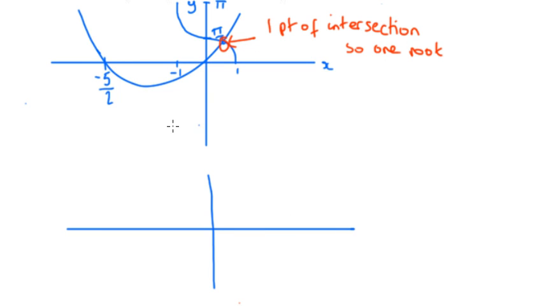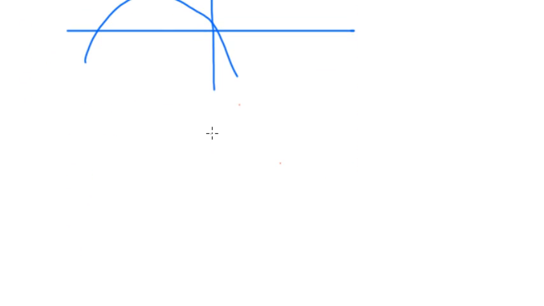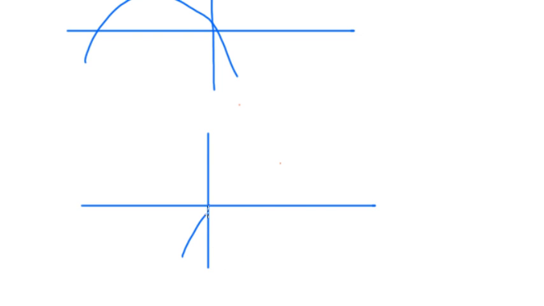Let's just look at the quadratic one. That's going to flip in the x-axis, so it's going to do this. And then it's going to flip in the y-axis, so it's going to end up here.